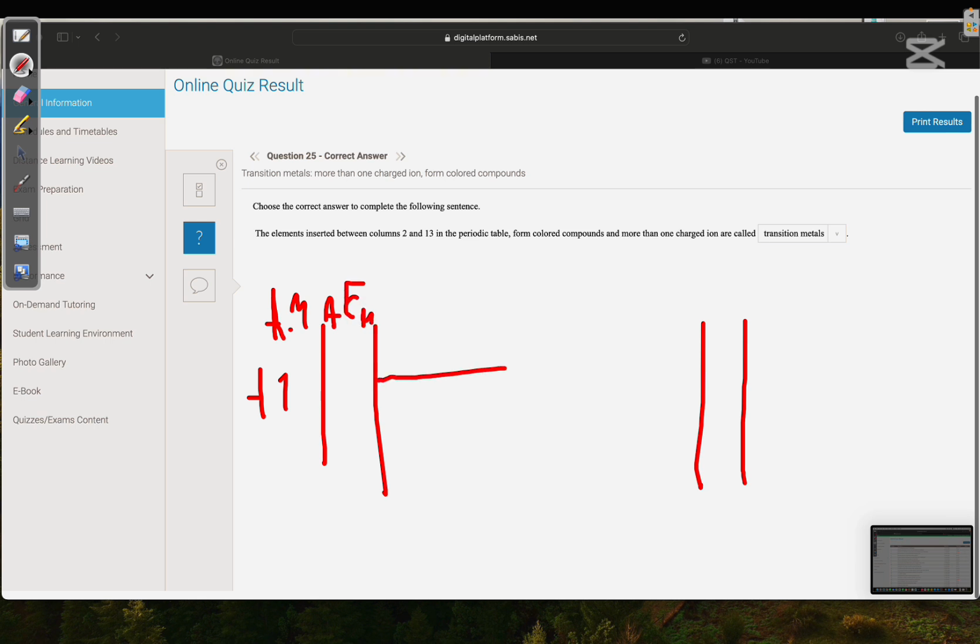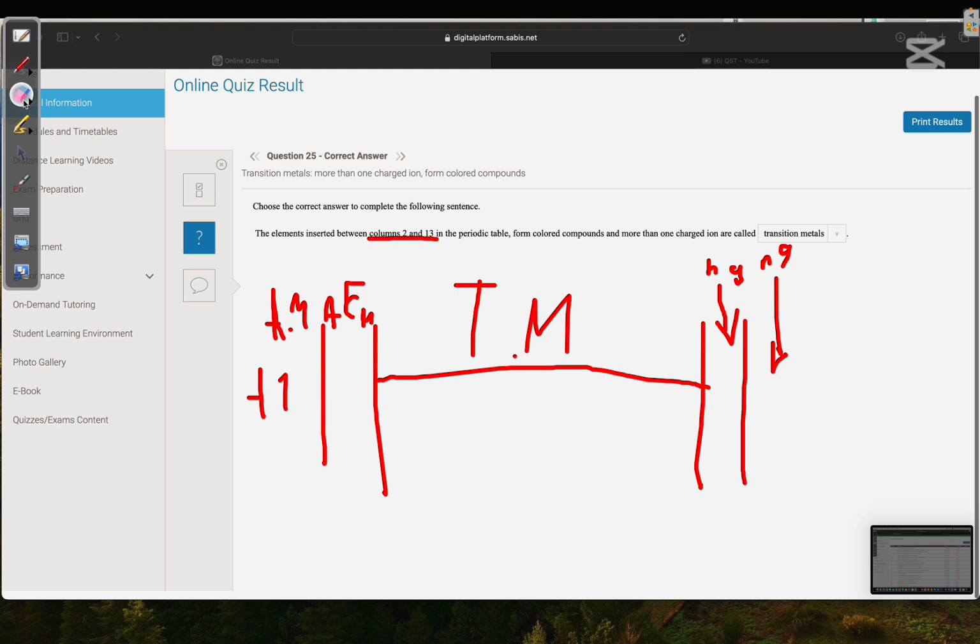Then from here, which is group 3 to 13, we have transition metals, and then here we have halogens, and then on the last group we have noble gas. So as they said here, from columns 2 to 13, they're called transition metals.